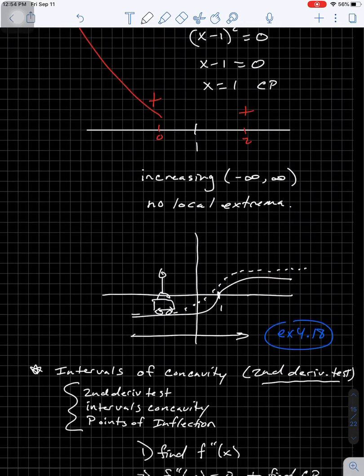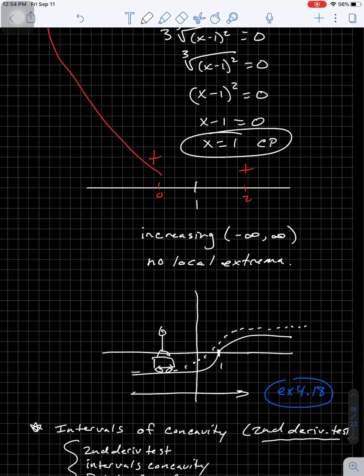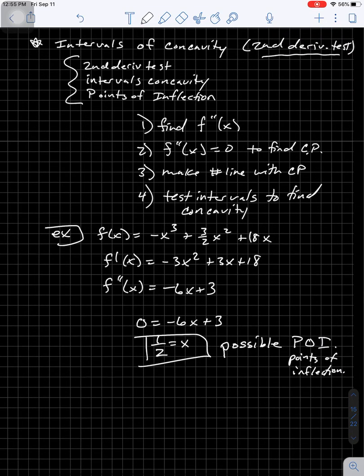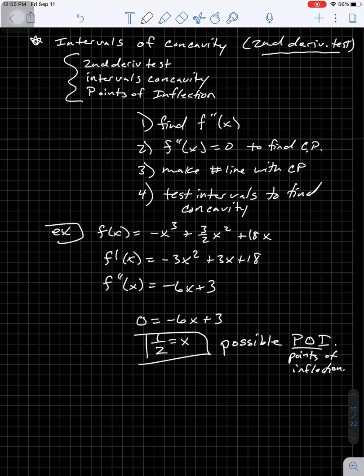Look, this was a critical point, right? But it turned out that it wasn't a min or a max because this whole thing was increasing. So these are possible min or max, but don't have to be. And the same is true for the critical points on the second derivative test. They're possible points of inflection.